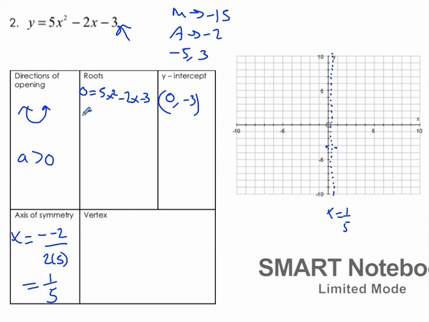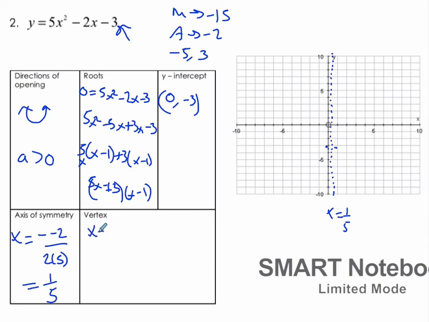We have 5x squared minus 5x plus 3x minus 3, so 5x plus 3 and x minus 1. So the x-intercepts are x equals 1 and x equals negative 3 over 5.